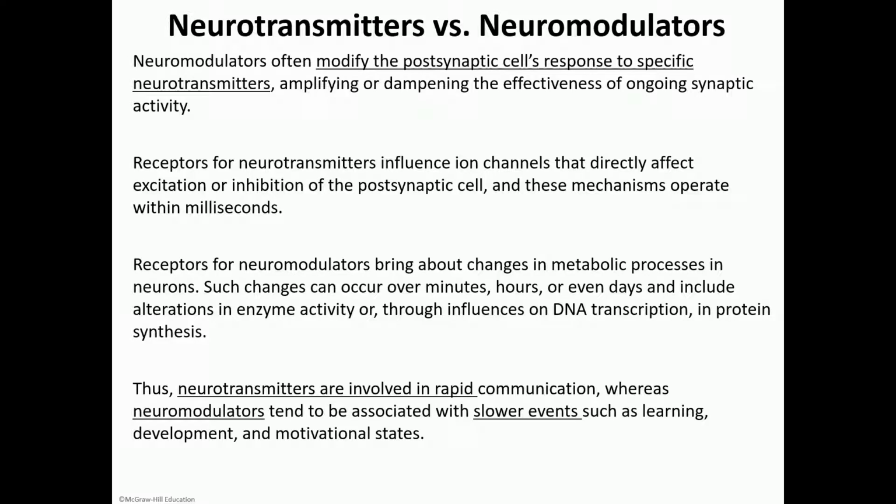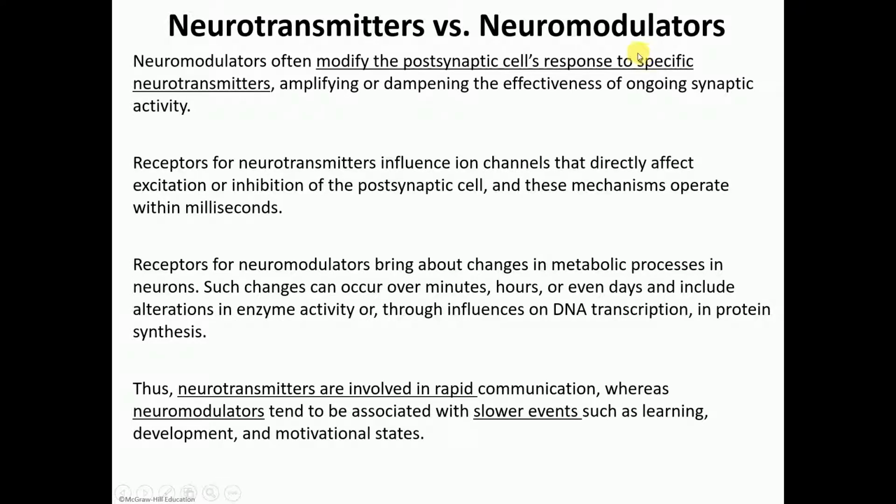Neurotransmitters, again, relay info from neuron to neuron or to the effector, while a neuromodulator is going to modify the postsynaptic cell's response to that neurotransmitter. So it can either enhance the response to the neurotransmitter or dampen the effect of that neurotransmitter.